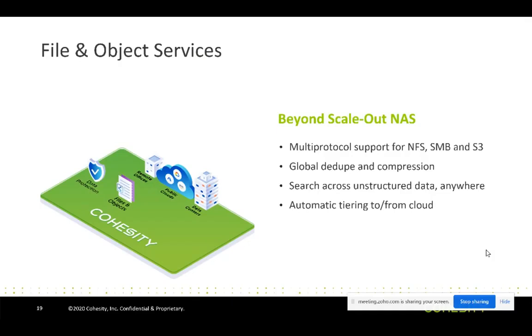Based on the policy you put, for example, if this file's last modification date is 60 days back, get this file back to Cohesity from that production NAS, right? And vice versa. Then we can return it if there is a new request coming to read and modify this file.